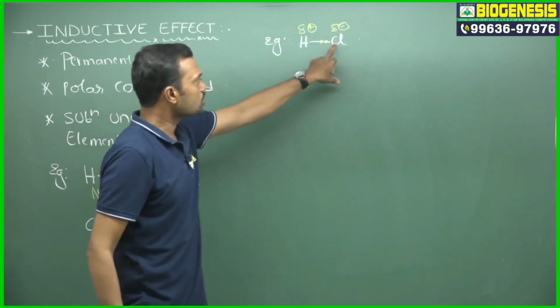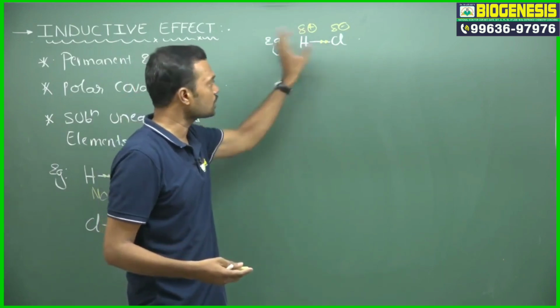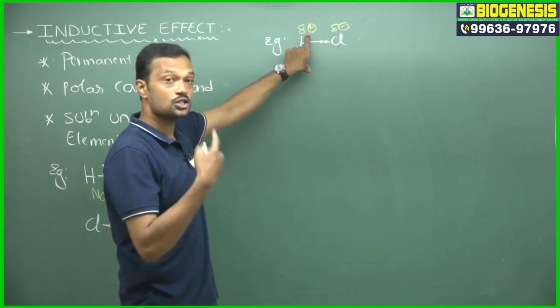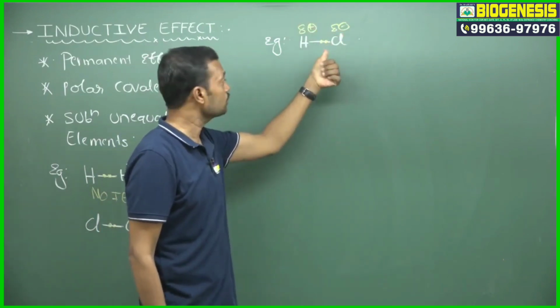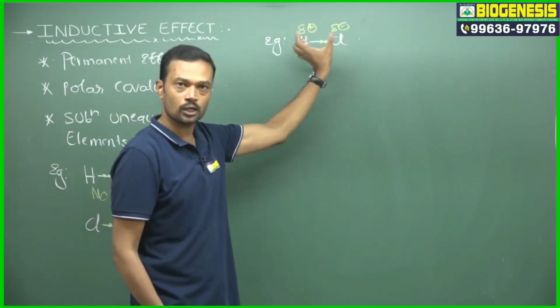Whichever side the electron density is very high, or the more electronegative element is present, on that side we need to write a partial negative charge. So the induction, or the generation, of partial positive and partial negative is called a dipole, and this is called a polar covalent bond. That is called inductive effect. This kind of generation is called inductive effect.